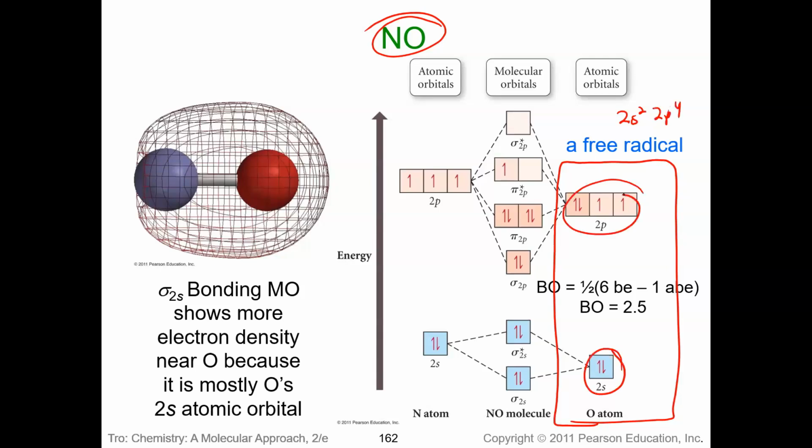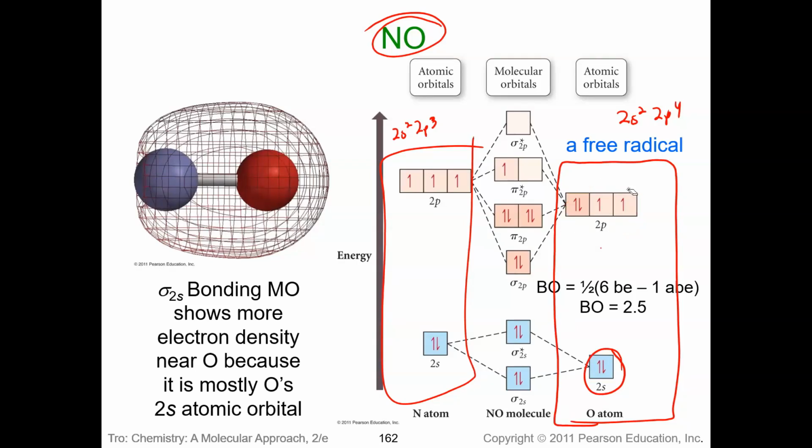Here's our 2s, here's our 2p4. Here's our nitrogen atom, right? 2s2 2p3. Here's our 2s, here's our 2p3. So these are our atomic orbitals, which we learned before, okay? So oxygen is more electronegative than nitrogen, so its atomic orbitals are lower in energy than nitrogen's.